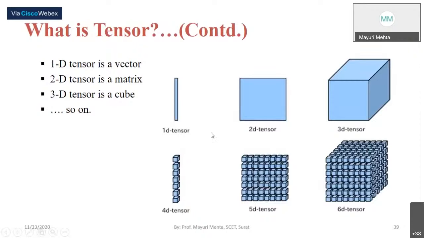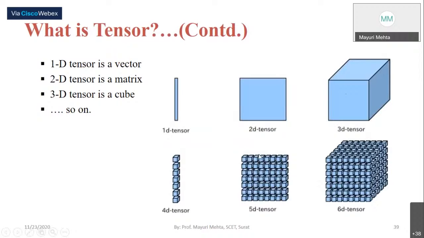So this is a 1D tensor. This is a 2D tensor. This is a 3D tensor, which is a cube. Now you can also have a list of cubes, a vector of cubes, and then it becomes a 4-dimensional tensor.